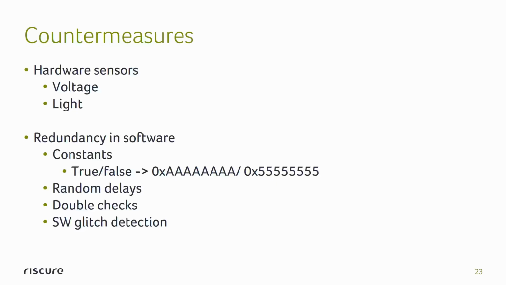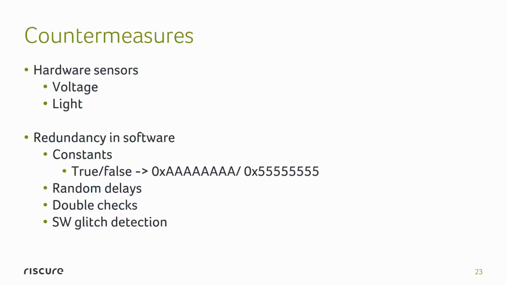So there's some stuff that you can do in the hardware itself, so baked into the silicon of the SoC. These hardware sensors can detect when you're operating outside of the normal voltage range that you expect, and if you see that you're outside of that, reset the chip or stop executing, so stuff like brownout detection as well.